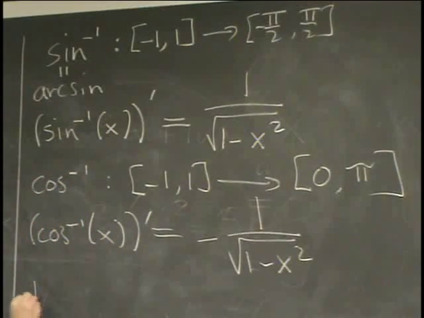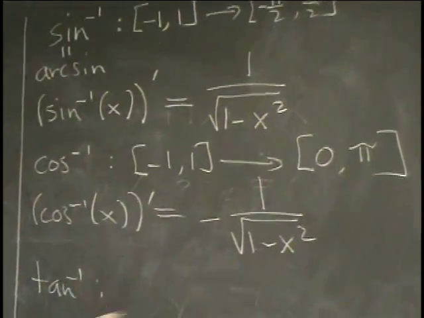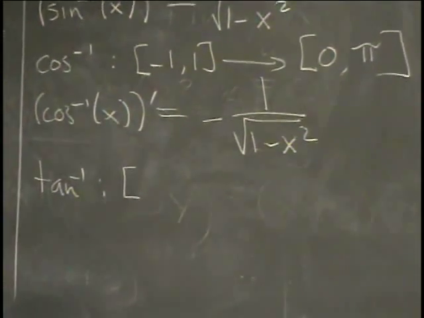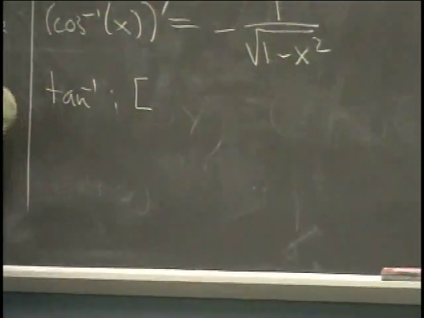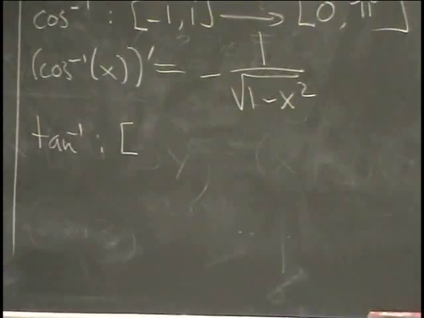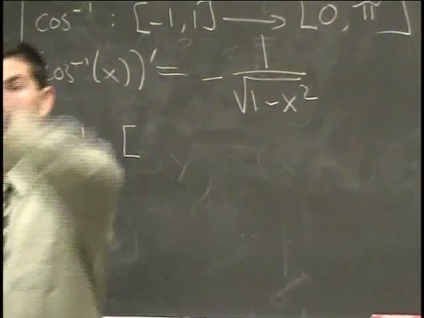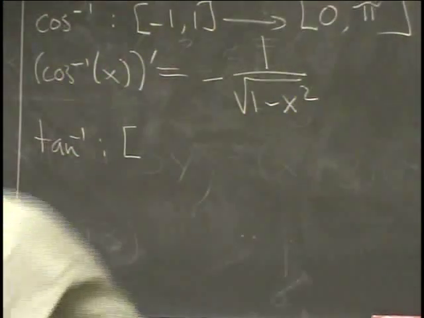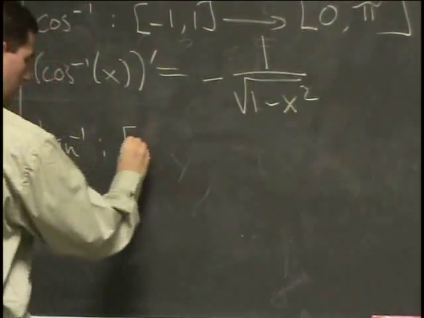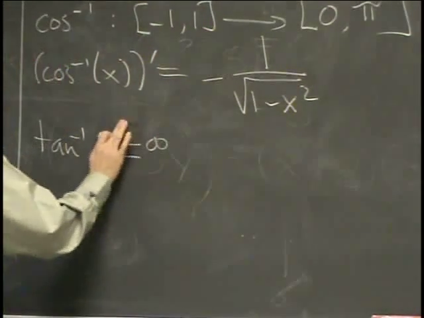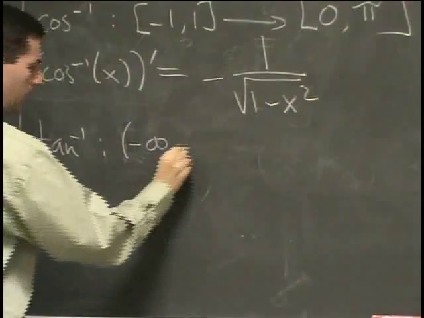And then at the end, I believe we looked at arctan. And this takes as its domain the range of tangent. And the range of tangent, remember tangent, right? It goes all the way from -infinity, all the way up to infinity. So this, whoops, I guess we really shouldn't use square brackets.